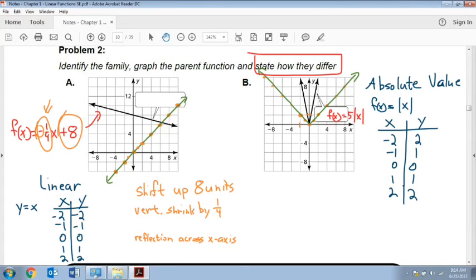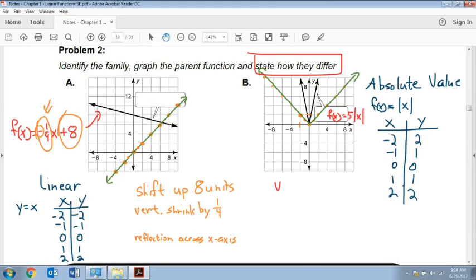Basically what happened is this is a vertical stretch. We took all these points and we stretched them by a factor of 5.